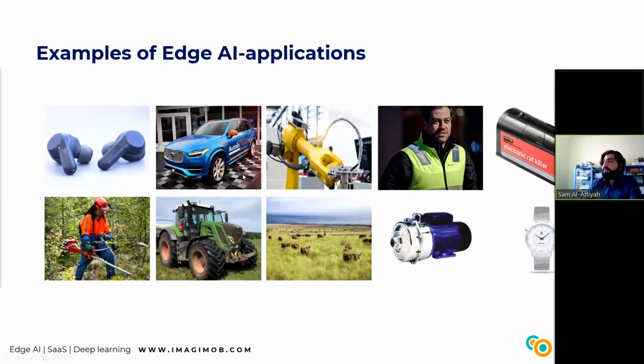So these are some of the applications that we've been working on, and they demonstrate different kinds of sensors that we've been working with. We have been working with Acroneo and OSM on these earbuds, and these allow you to control your earbuds using just hand gestures.